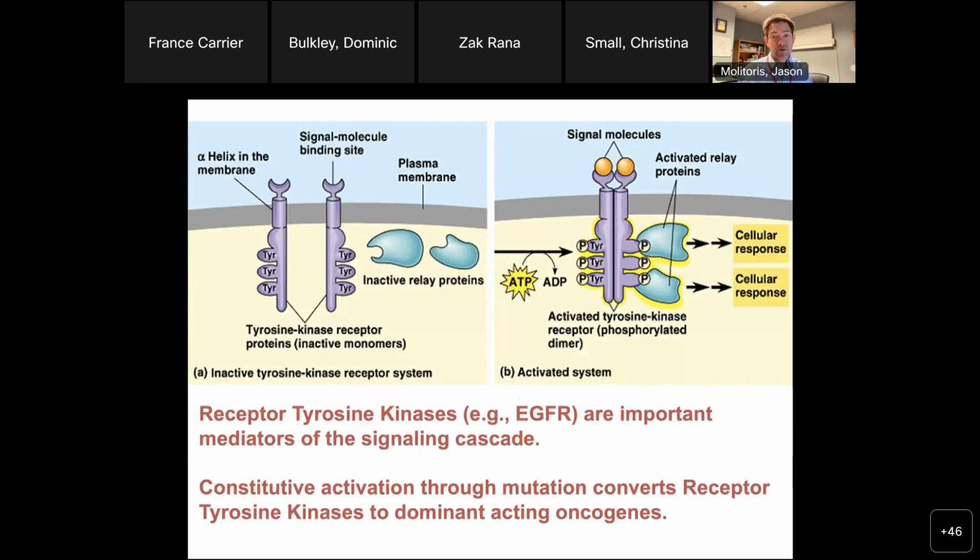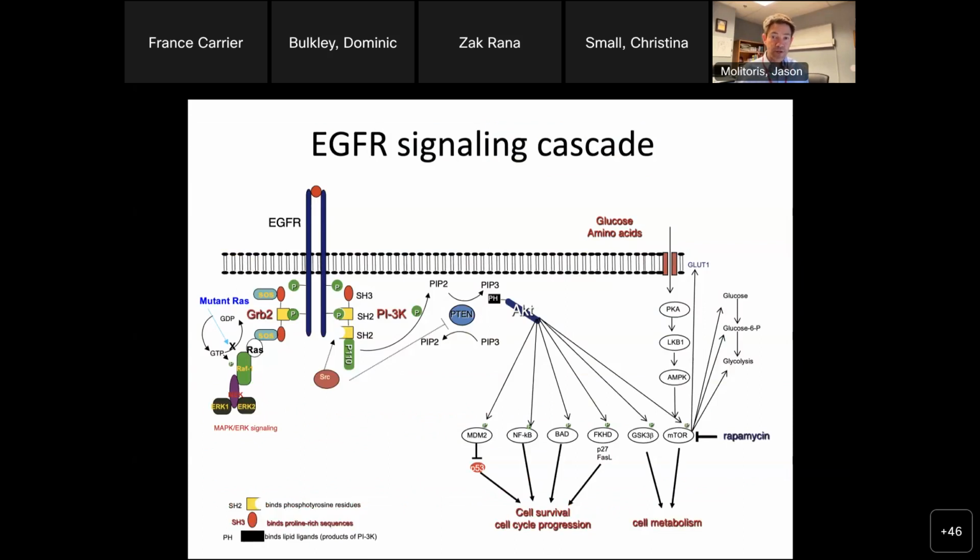Here's an example of that EGFR in the signaling cascade, and constitutive activation through the mutation. This is a long list of proteins, but it demonstrates a lot of work that has been done to characterize how EGFR signals within a cell. It happens through the PI3 kinase, PTEN, AKT pathway.